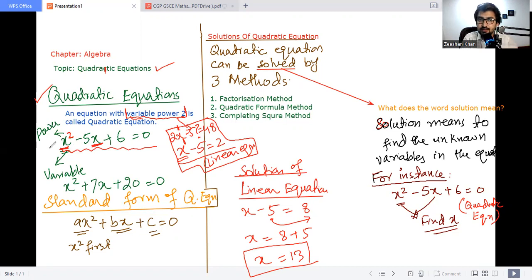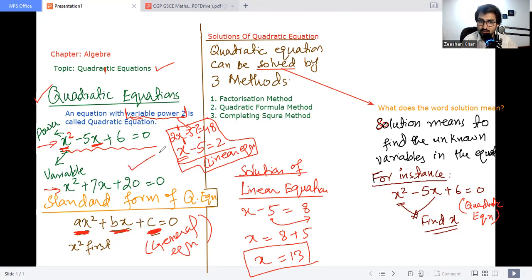Okay, so this is an example of a quadratic equation. This is another example: x squared plus 7x plus 20 equals 0 is another quadratic equation. Now, there is a standard form. The standard form is that the first term must be the x squared term, the next term must be the x term, and the third term must be the constant c.